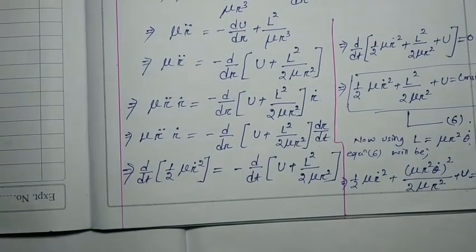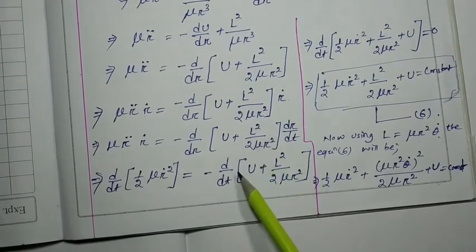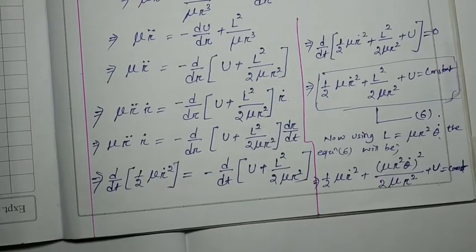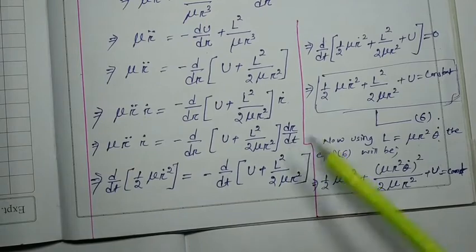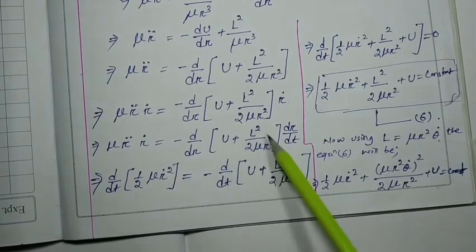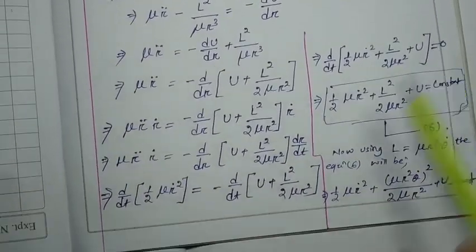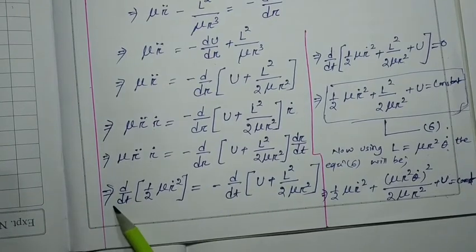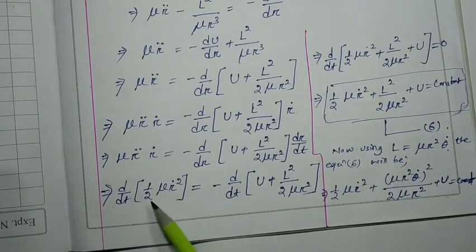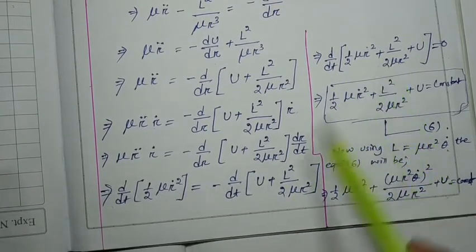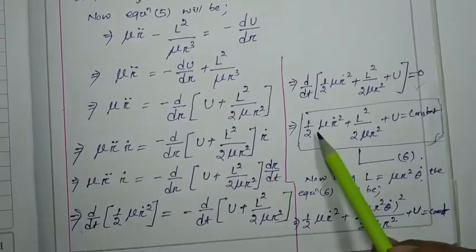Similarly, for these two terms you can see d/dr times dr/dt, so we can write d/dt of this much minus d/dt of this much. Now that implies, I have taken this term to the left side, so collectively it becomes plus. So d/dt of (1/2 μṙ² + L²/2μr² + U) equals 0.